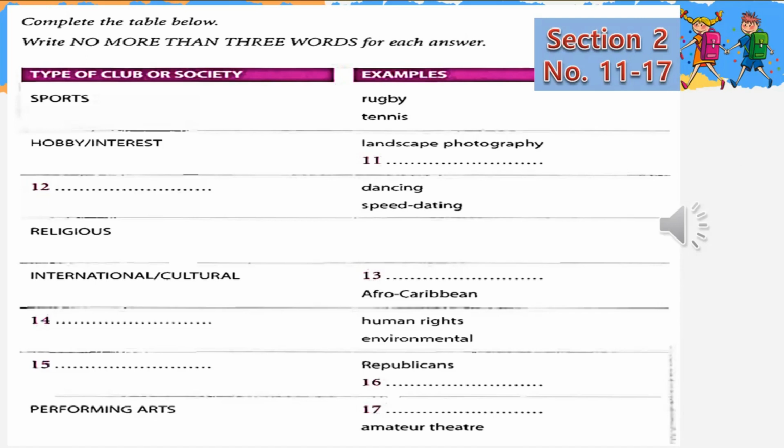Inevitably, perhaps, there are also the political clubs, often connected with a particular party and, indeed, a particular country. So we have, for example, a local association of Republicans linked to and campaigning for that party in the US, and Liberal Democrats here doing the same for their party in Britain. Finally, on a lighter note, there's plenty to choose from in the performing arts.